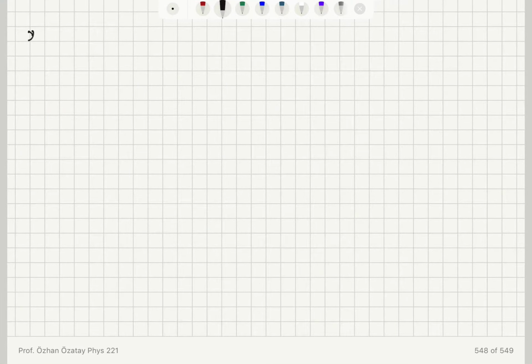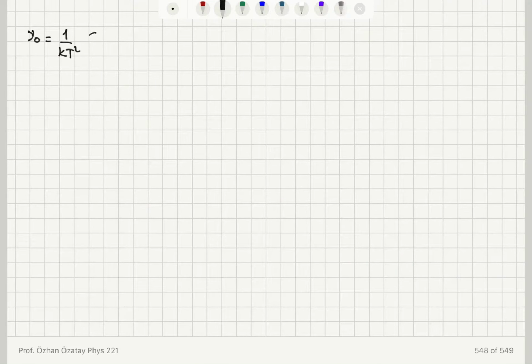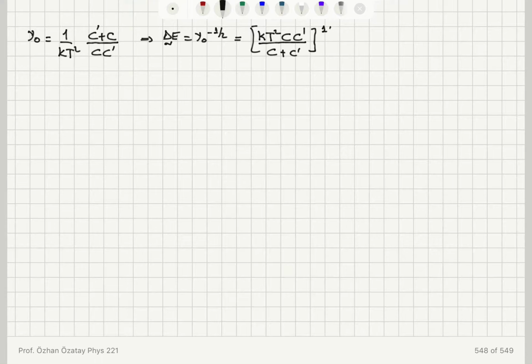So let's do this calculation. Gamma 0 would be equal to 1/kT square times (C prime plus C) divided by C C prime, and the corresponding magnitude of the energy fluctuation, the standard deviation of E, which is equal to gamma 0 to the power minus 1/2, would be equal to kT square times C C prime divided by C plus C prime, to the power 1/2, because I have already inverted the gamma 0 value.